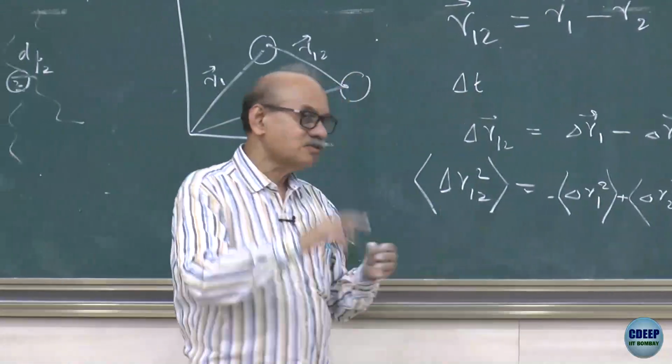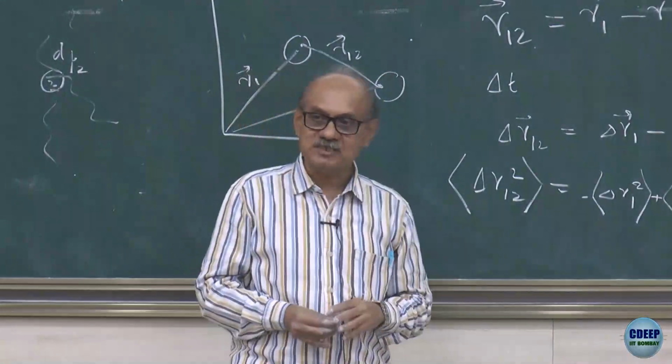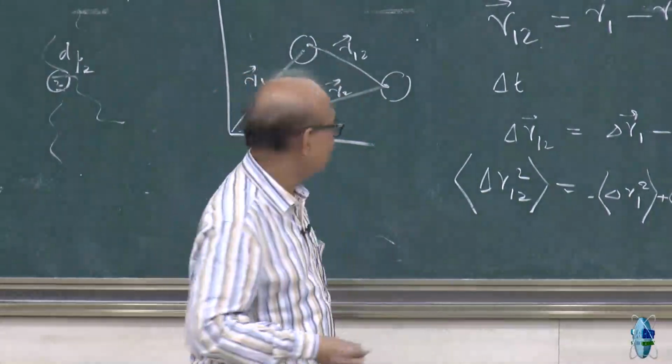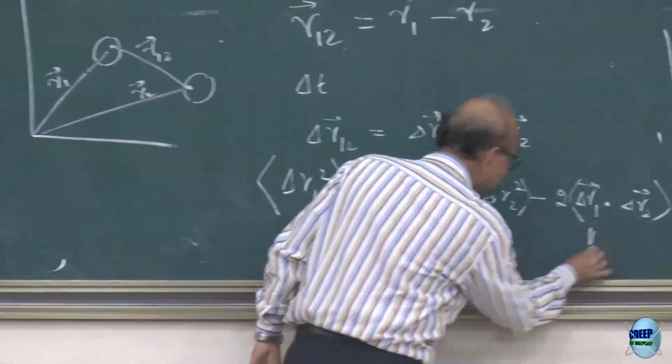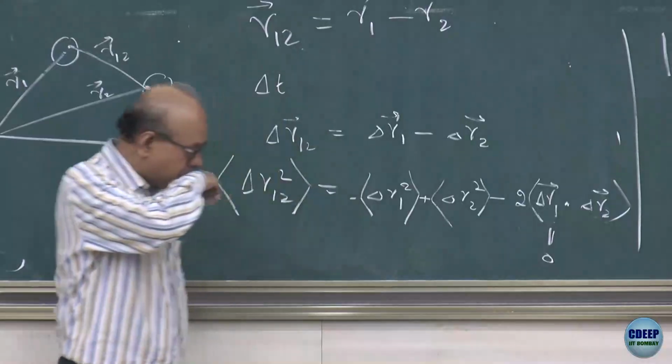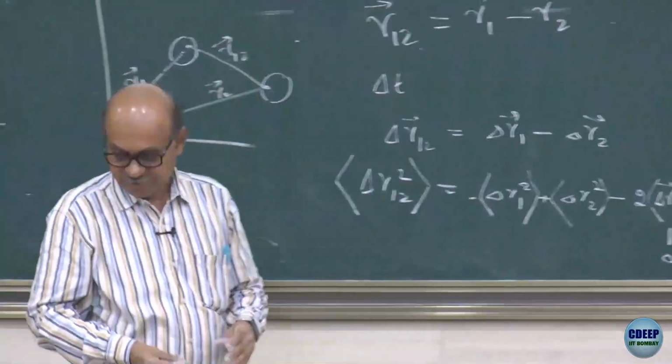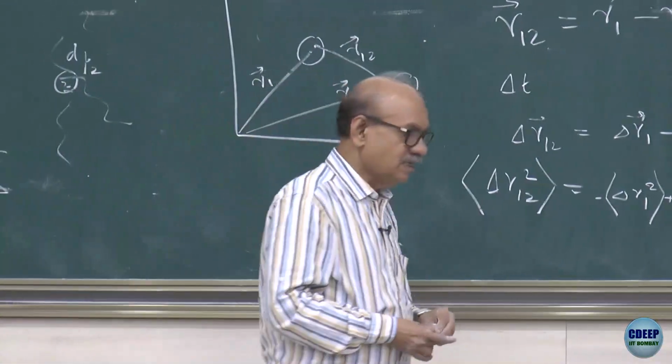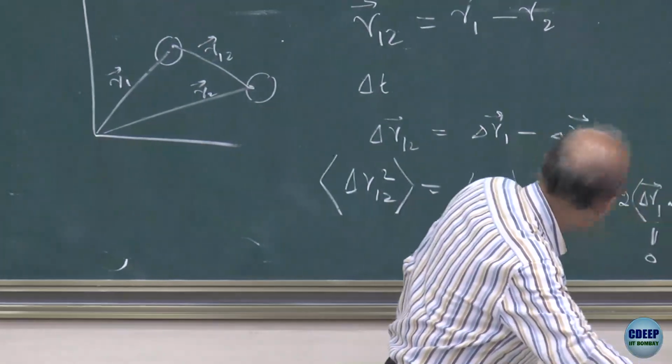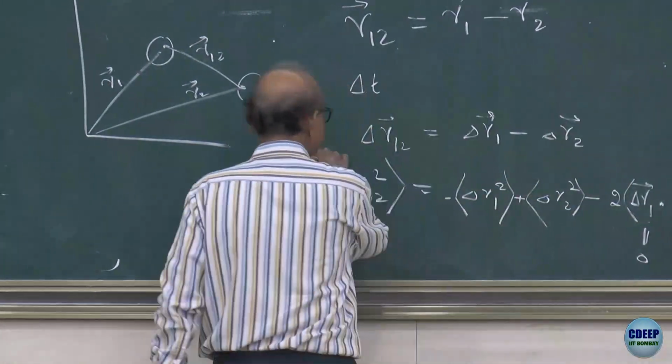Actually, it will be R1 R2 cos theta, and cos theta average is going to be 0 when you do that angular averaging. So, we take this as 0, it is independently distributed in a system. The moment you do that, we have this relationship.